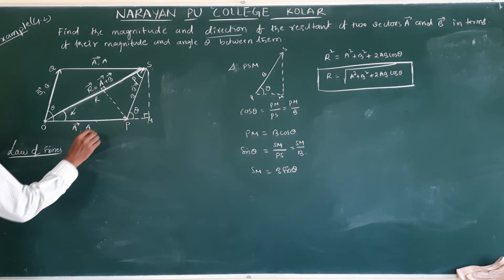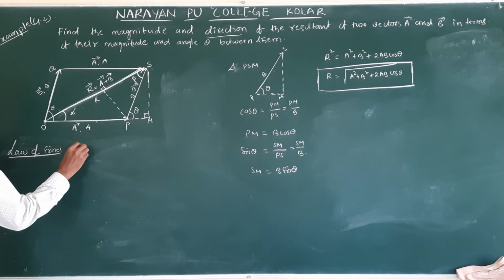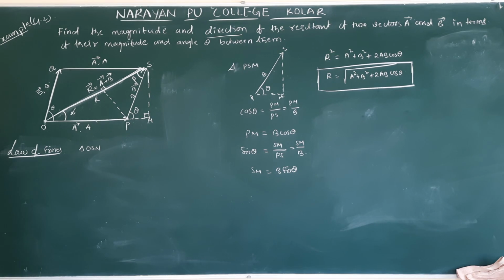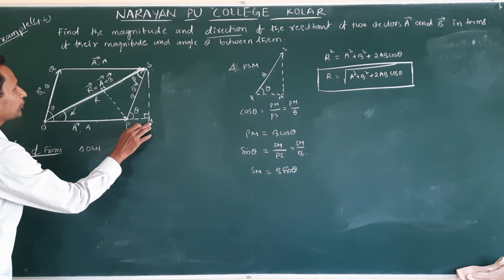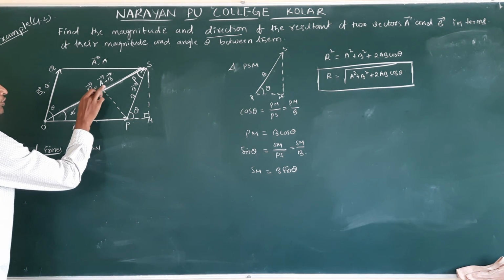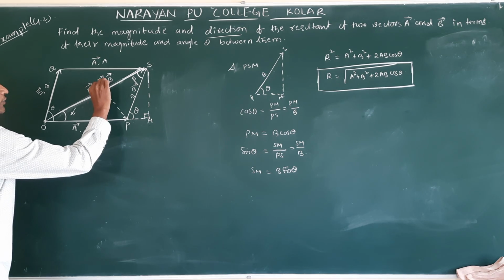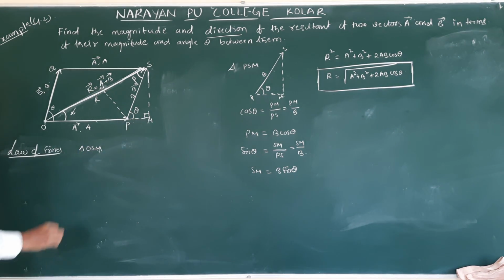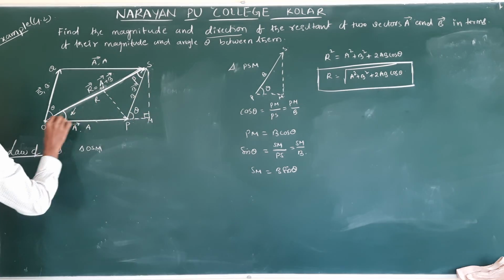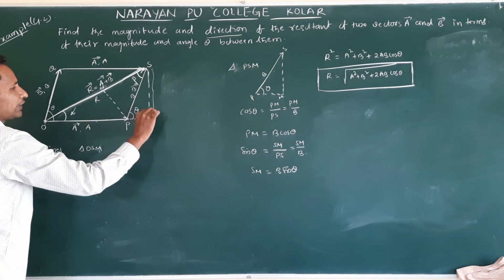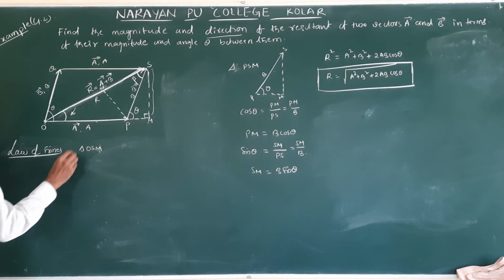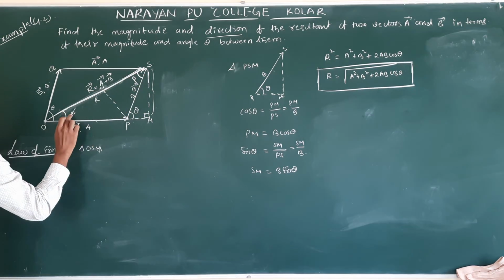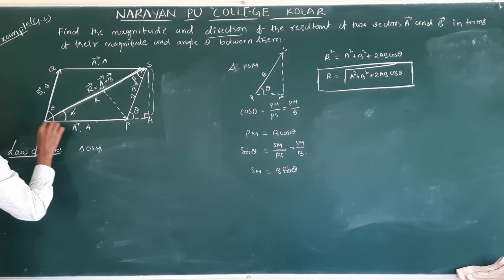Now, I am selecting two triangles. The first triangle is OS. Already we have taken M here, so to avoid confusion, you take N because M is already selected. In this triangle, I would like to find SM, the opposite side. The angle in this triangle is alpha.